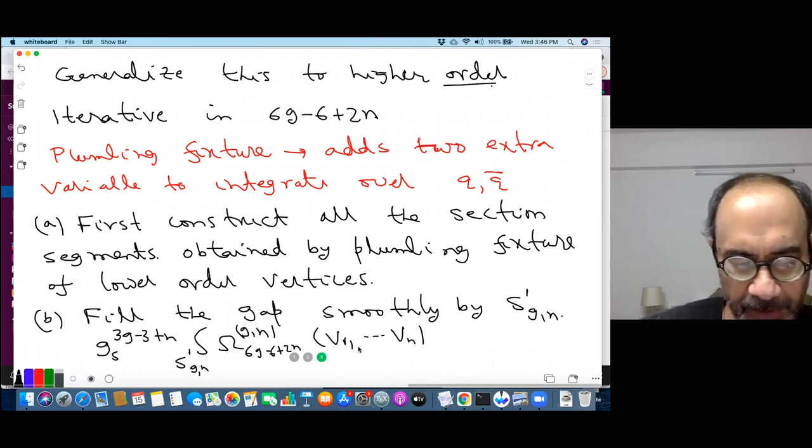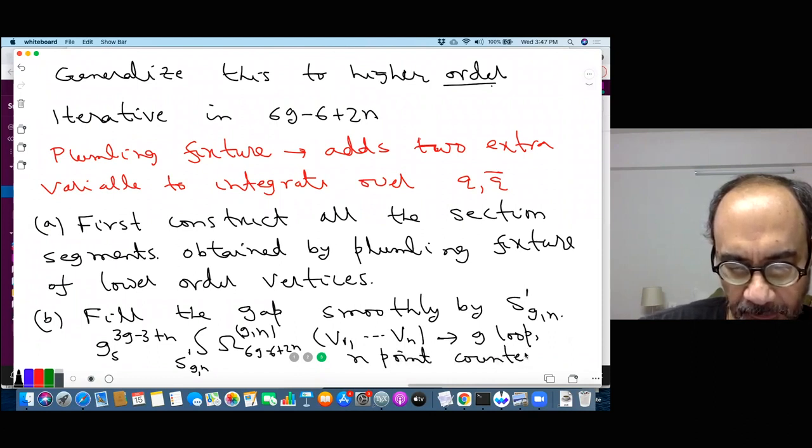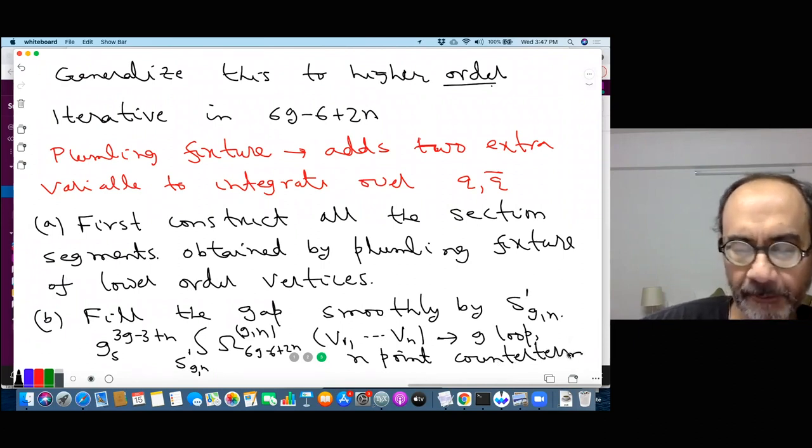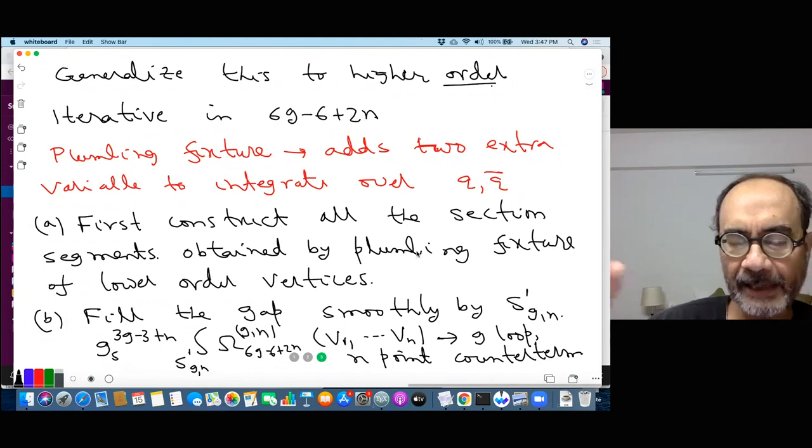These are the external vertex operators. This has the interpretation, from the Feynman diagram perspective, of a G loop n-point counter term. But again, it's a finite counter term, because this region does not involve any degenerate Riemann surface. All the degenerate Riemann surfaces are obtained by plumbing fixture, as some diagrams connected by propagators.